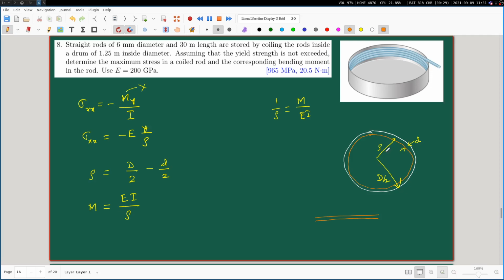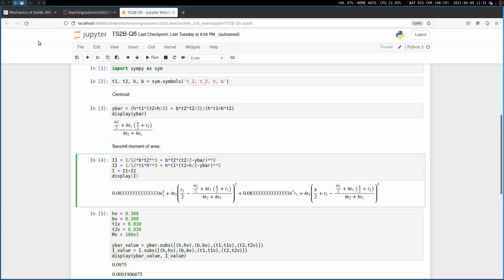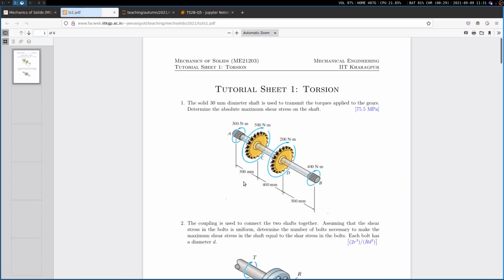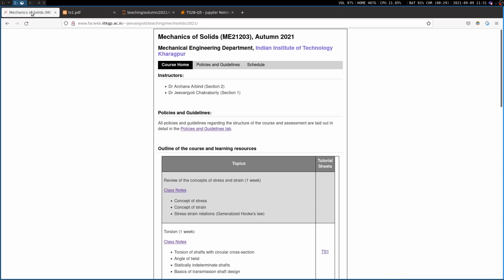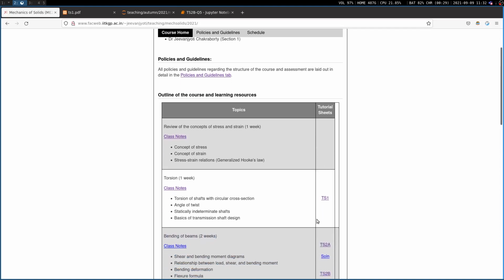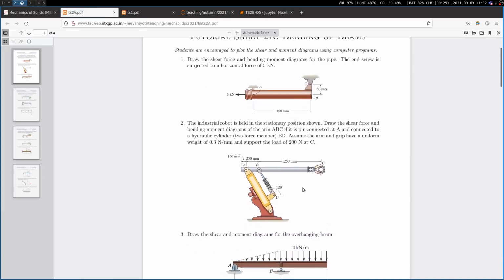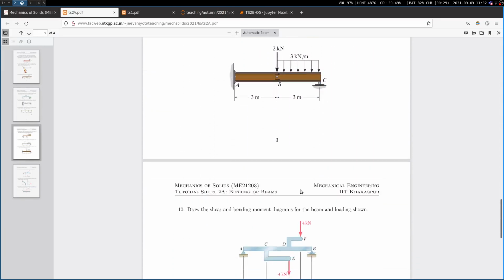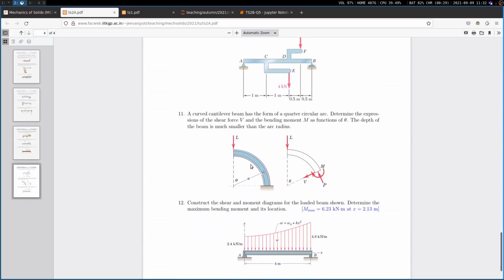Now, earlier, if I go back to our tutorial sheets, if we look at tutorial sheet number 2A, where we were talking about the shear force and the bending moment diagram, near the end of the tutorial sheet we had this curved beam problem.